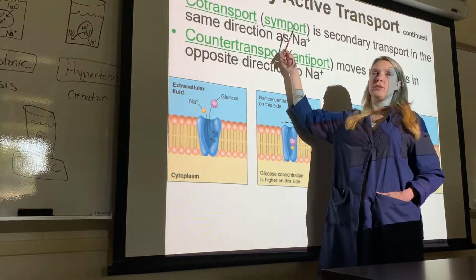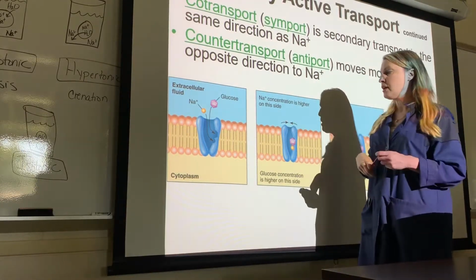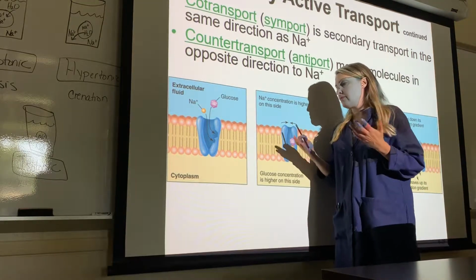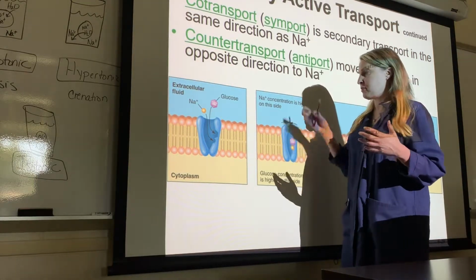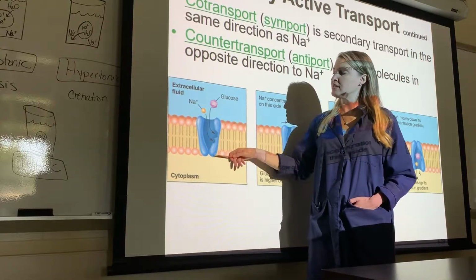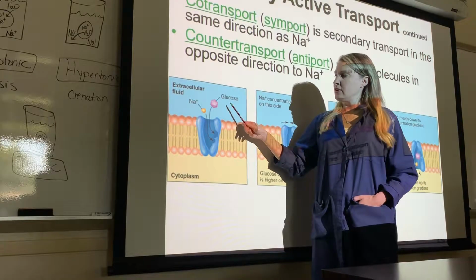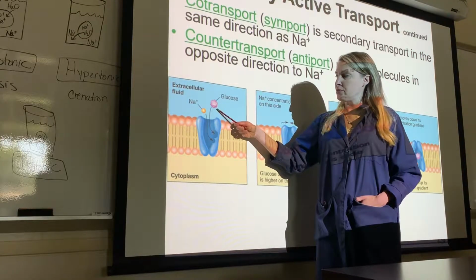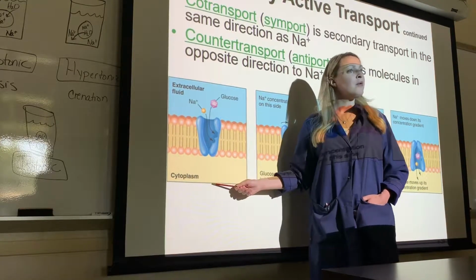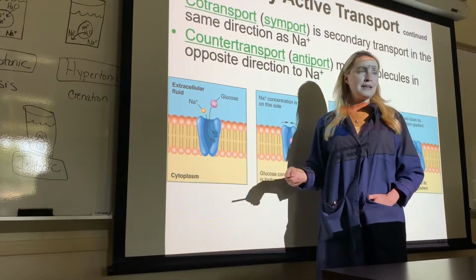Now, we're only going to be talking in this class about symporters. So that's not something we're going to be describing too much. And here they give you an example of a symporter. What's happening here is we want to move glucose into the cell, but there's already a lot of glucose in there. So how are we going to get it in there?